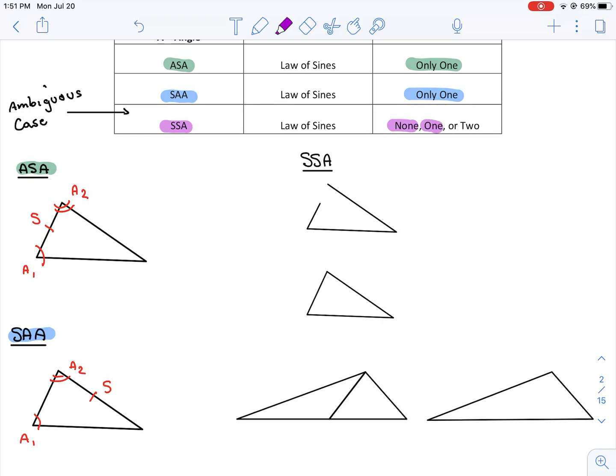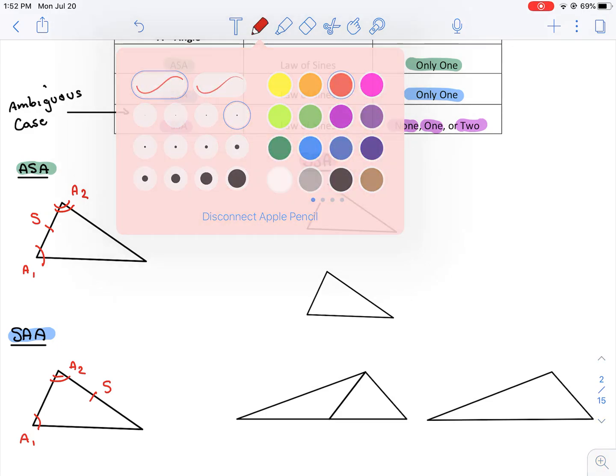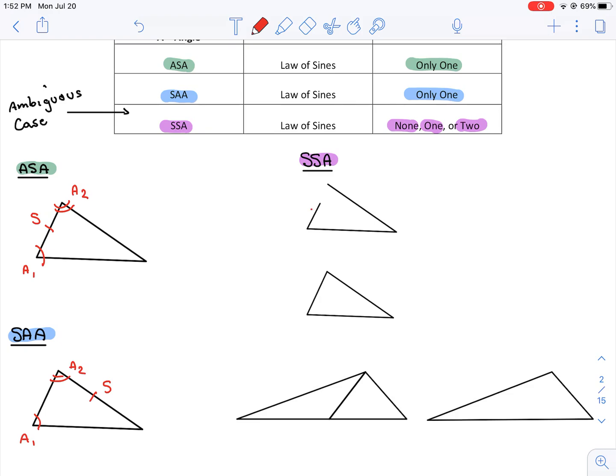It's also possible that only one triangle exists, or 2. So I'm going to describe what's happening here with these triangles for side, side, angle. And then when we do the examples, I'll show you how to determine whether no triangle exists, one triangle exists, or 2 triangles exist.